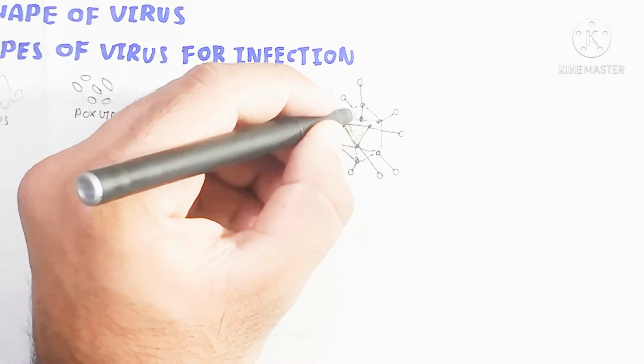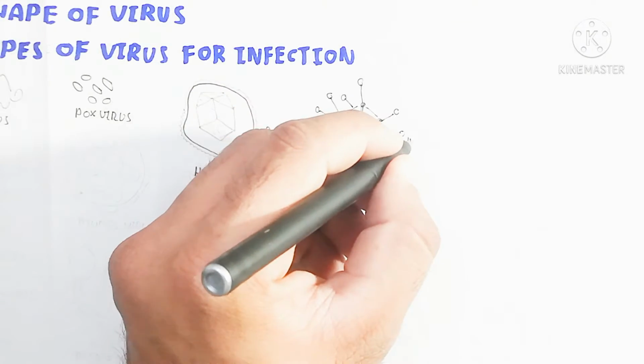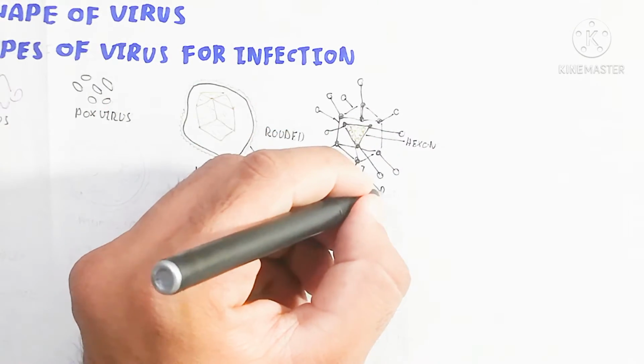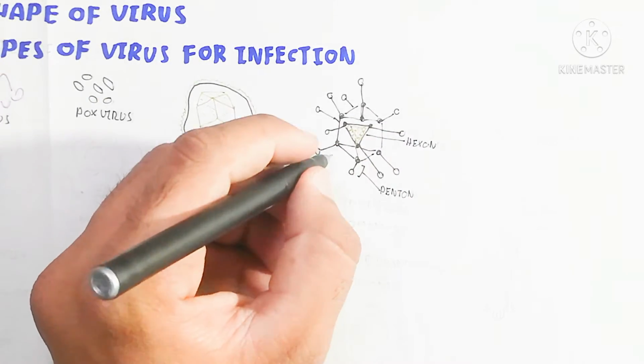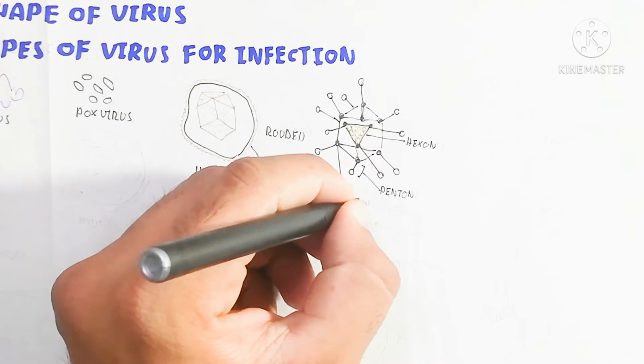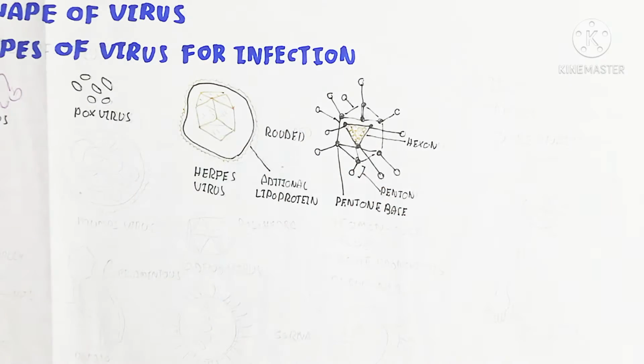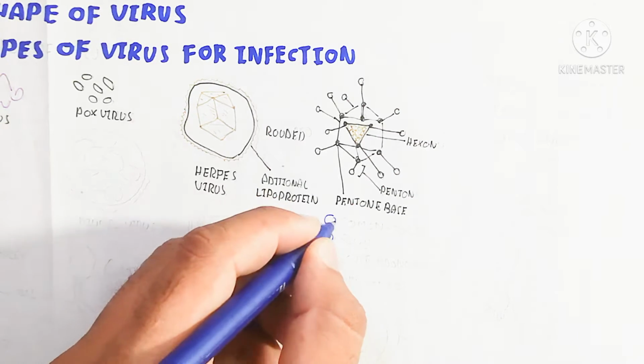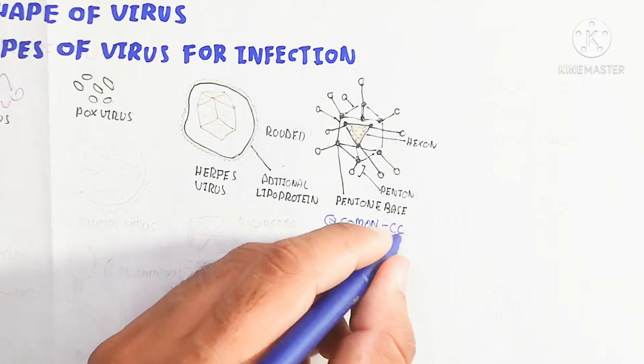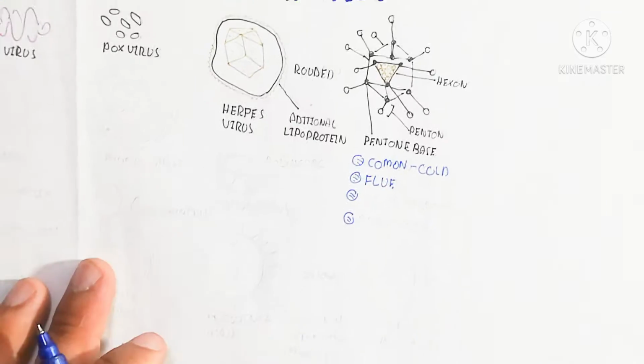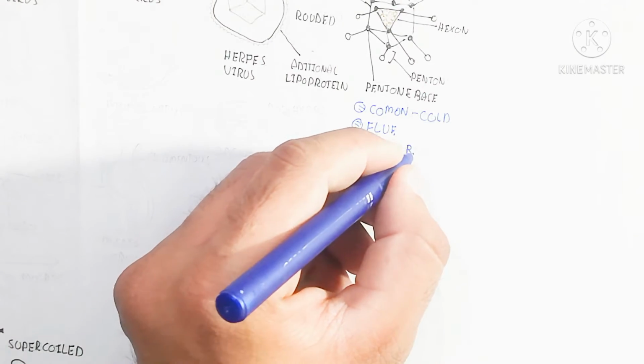So here is another virus, in which basically hexon and penton are present, with the penton base, and this virus causes the common cold, flu, acute bronchitis and pneumonia.